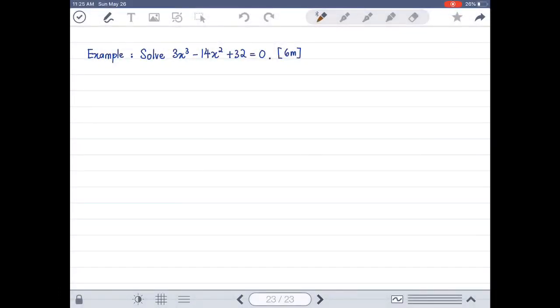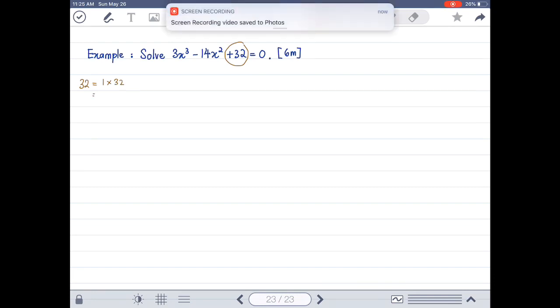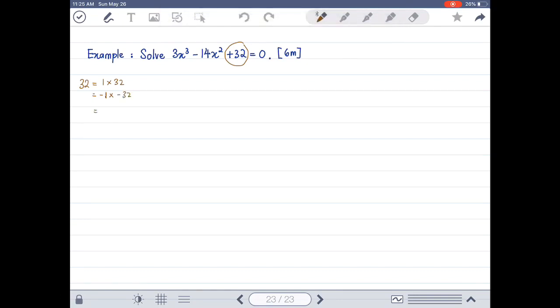Have a look at this question. Solve 3x cubed minus 14x squared plus 32. Okay, look at 32. We need to find the factors of 32. 32 is just 1 times 32, or negative 1 times negative 32, or 2 times 16, or negative 2 times negative 16, or can we divide it with 3?